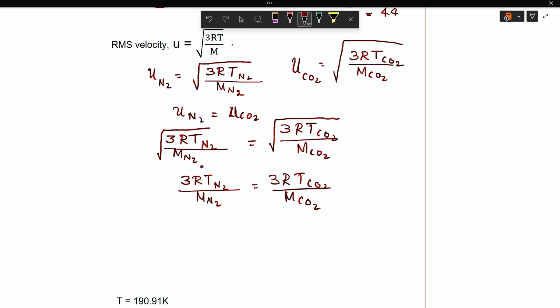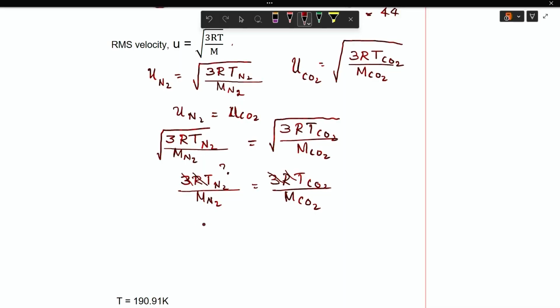Okay. Now, I am going to cancel the similar terms, 3 gets cancelled, R gets cancelled, and finally, the expression is T of nitrogen divided by M of nitrogen is equal to T of carbon dioxide divided by M of carbon dioxide. The equation has been simplified and we are supposed to find out the T of nitrogen.